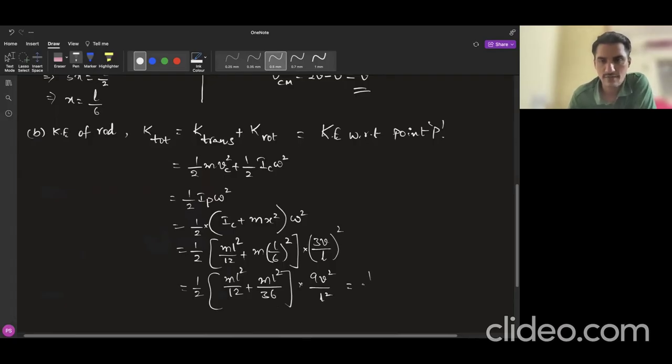Now half into 9 v square. I'm just cancelling that L square value. I'm taking that m also as common.